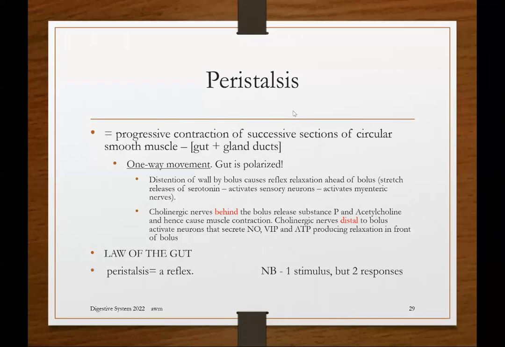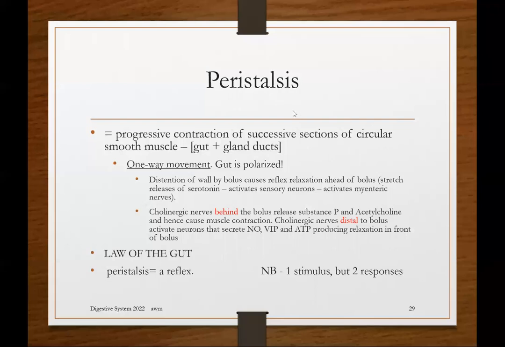Now, because this is a reflex, I think I'll show this in a slide later on, so let me explain it here first. When you have distension of the gut wall because of accumulation of luminal content, you're going to get two responses from that one distension.